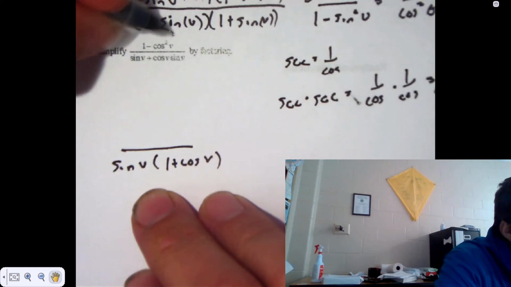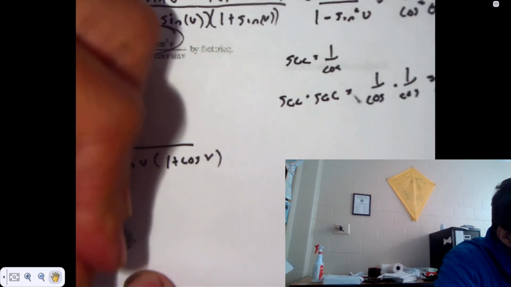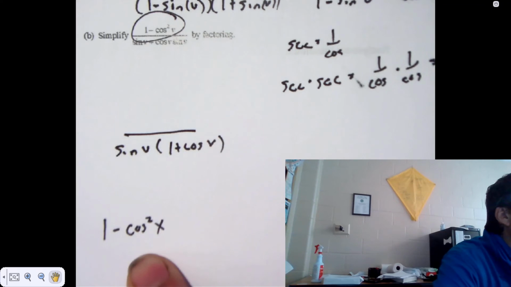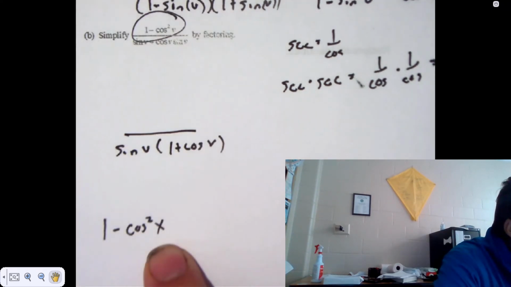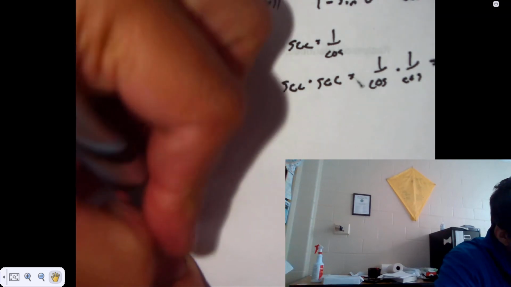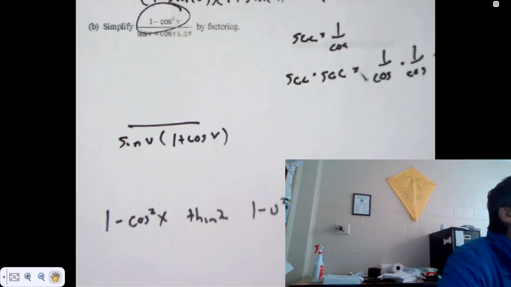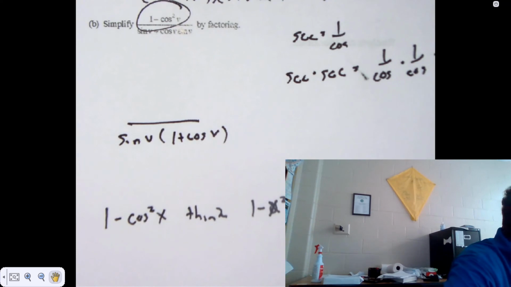Now, when it comes to the top, this 1 minus cosine squared of x, people will probably teach a u method here. So I will too. Think 1 minus u squared. Or x squared if you like x's. Heck, let's make it an x. 1 minus x squared. That's 1 plus x, 1 minus x.